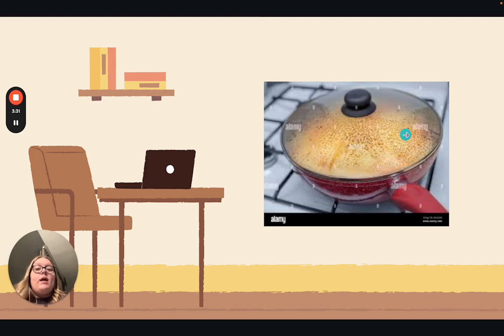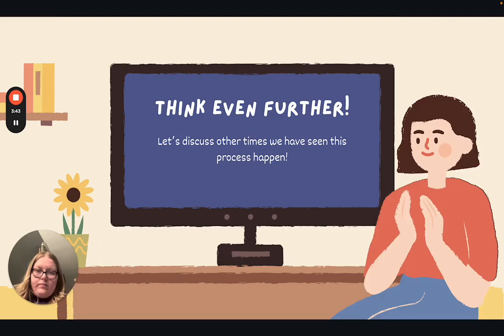If you don't put a lid on the pot or pan, the vapor will just rise all the way up and condensation will form on whatever is above the stove. So I want you to think even further, and then we'll discuss other times we have seen this process happen.